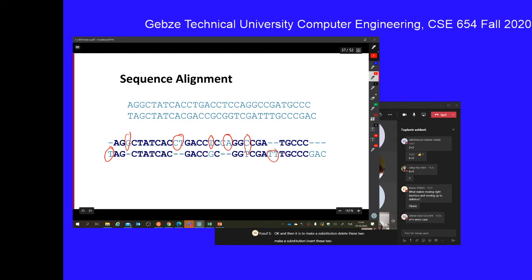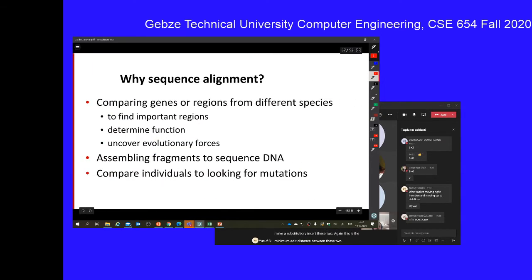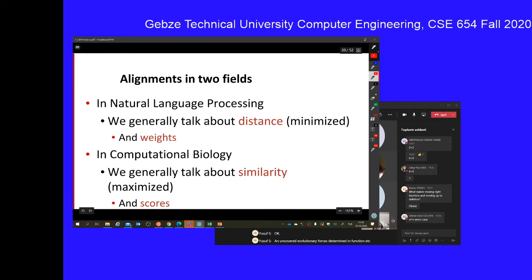Again, this is the minimum edit distance between these two. Very, very useful. They do this in computational biology to find the important regions that are matchable, and uncover evolutionary forces, determine their function, etc. This is a very popular algorithm in there.